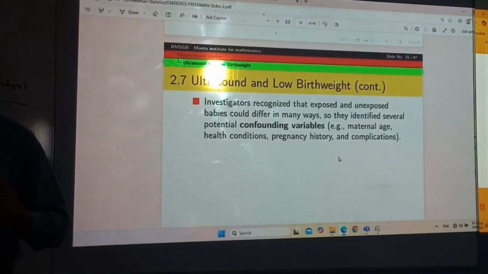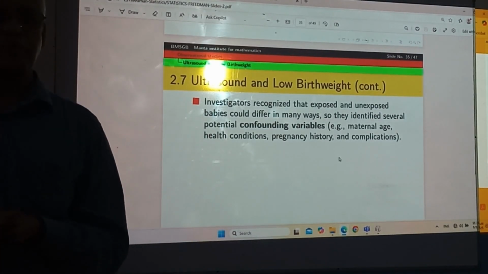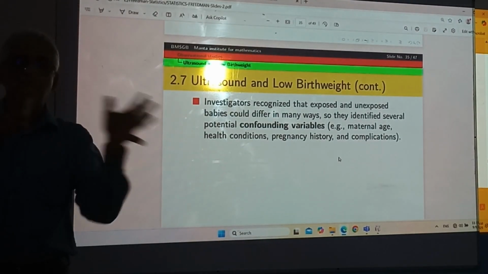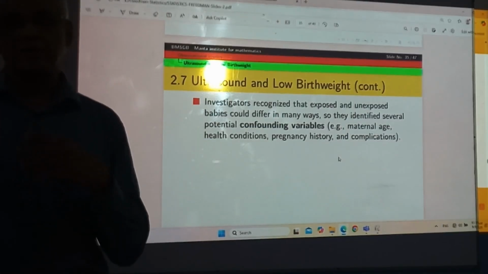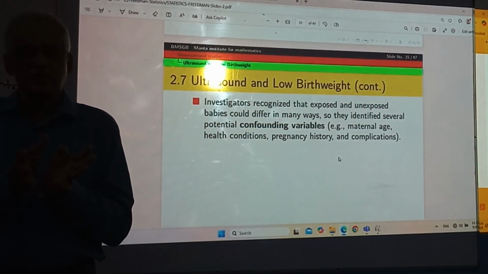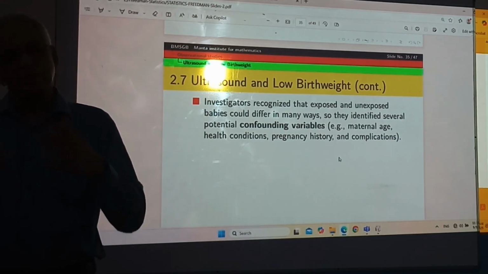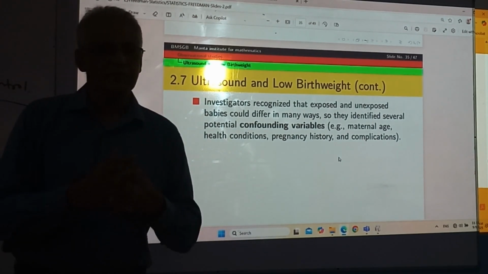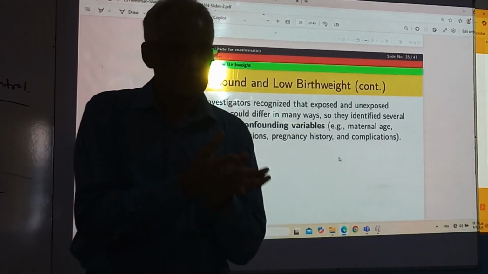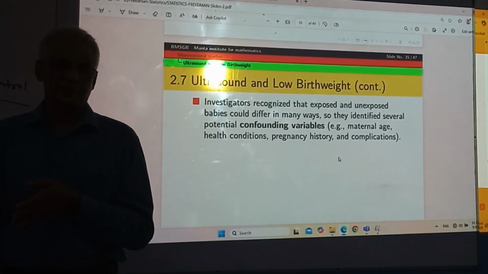When they do a physical examination, they found maybe there is some problem in the child in the womb. So therefore, they asked them to do ultrasound. So most of the people who were exposed to ultrasound already had problems. So maybe the low birth weight was because of those reasons, not because of ultrasound.